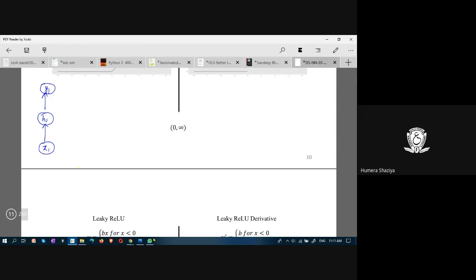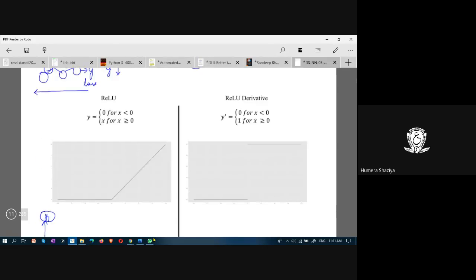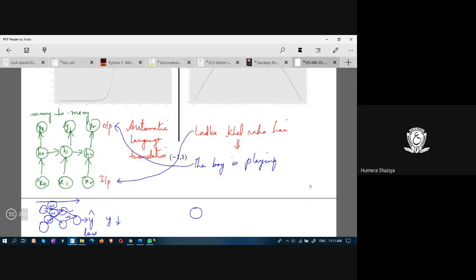So we know that there are different types of RNNs, and the RNN architecture is this. We have an input layer, output layer, and hidden layer.